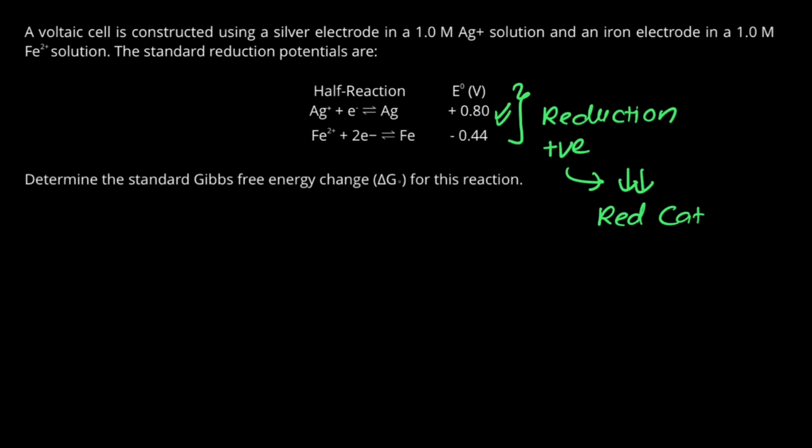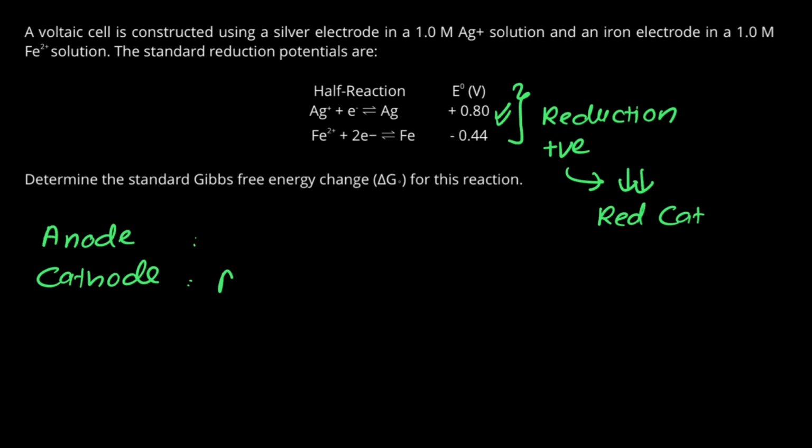Alright, so now we are going to write the half reactions, the anode and cathode. We shall start with the cathode first. We know that the one that is more positive should undergo reduction.